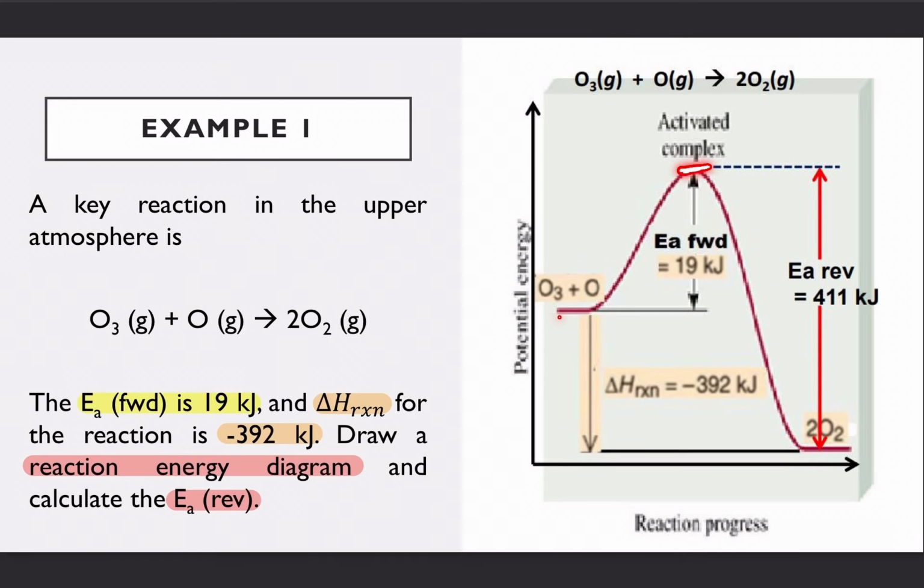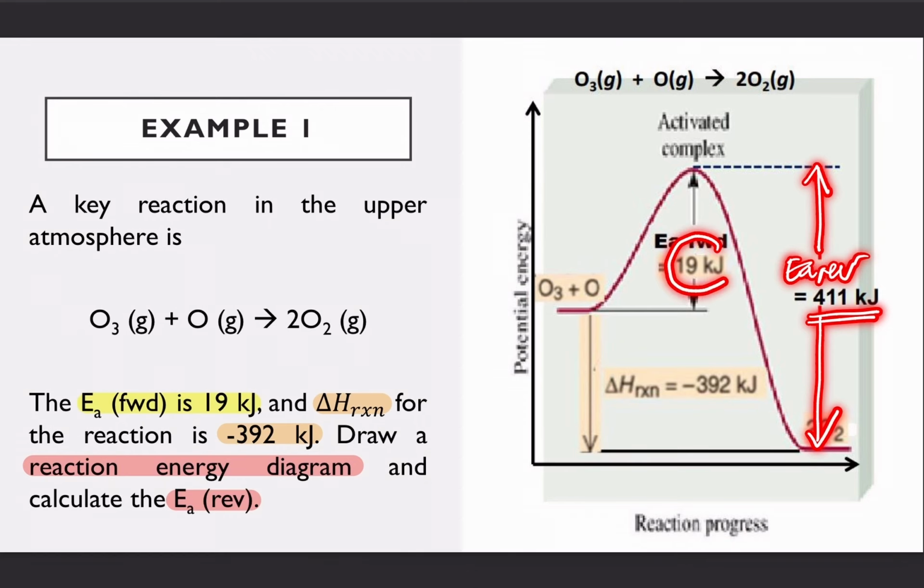Dari sini to activated complex, it will be this. This is your EA for reverse reaction. Alright, so how do you get 411 kilojoule? So basically you are just adding 19 kilojoule with 392 kilojoule. Alright, okay, I think you can understand that.